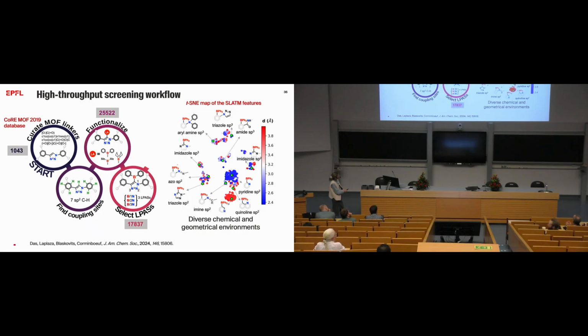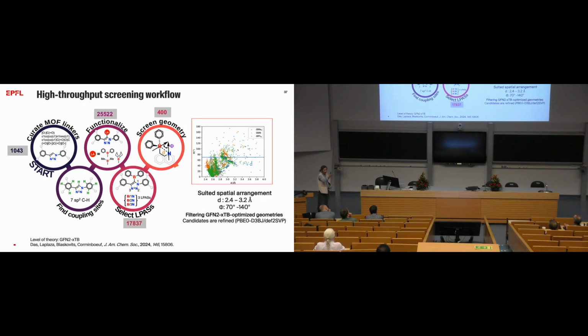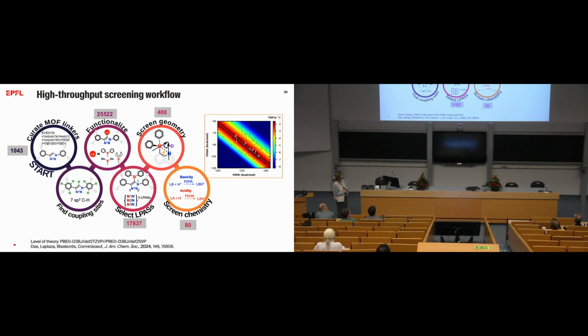And once we had these 17 or 18 catalysts, we actually screened using the geometrical criteria that I showed you before, which reduced considerably the number of catalysts, because you see that we need to have an angle that is larger than 70 degrees. So we didn't have much left at this stage, only 400.